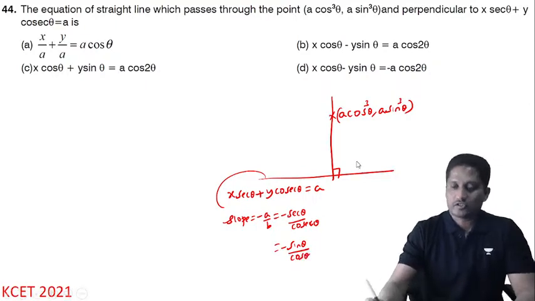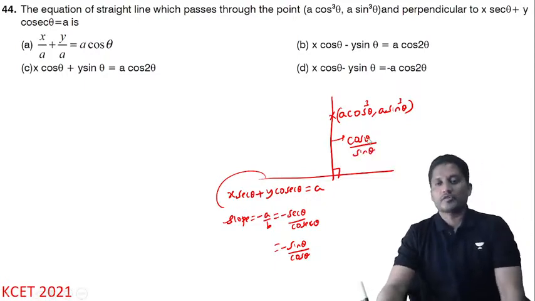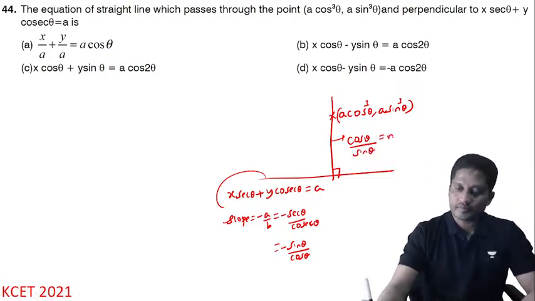This is the slope of this line. The slope of the required line is cos theta divided by sin theta. Reverse it and change the sign, M1 M2 should be minus 1. This is the slope M.